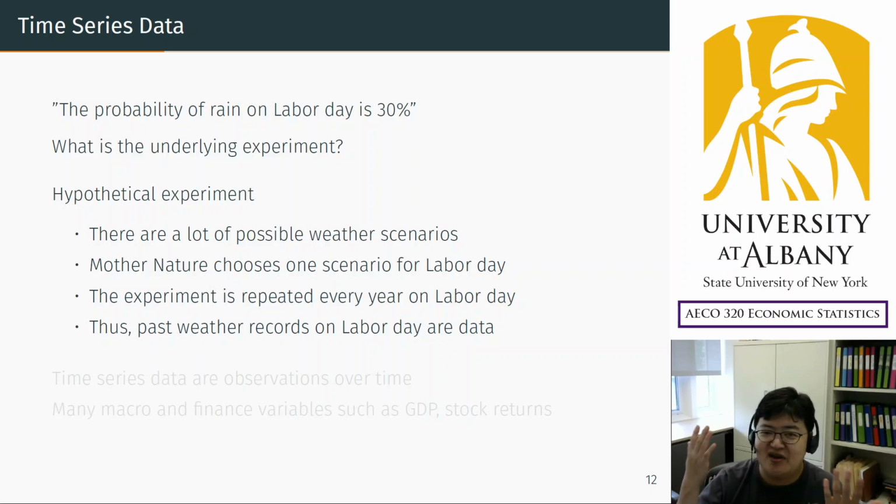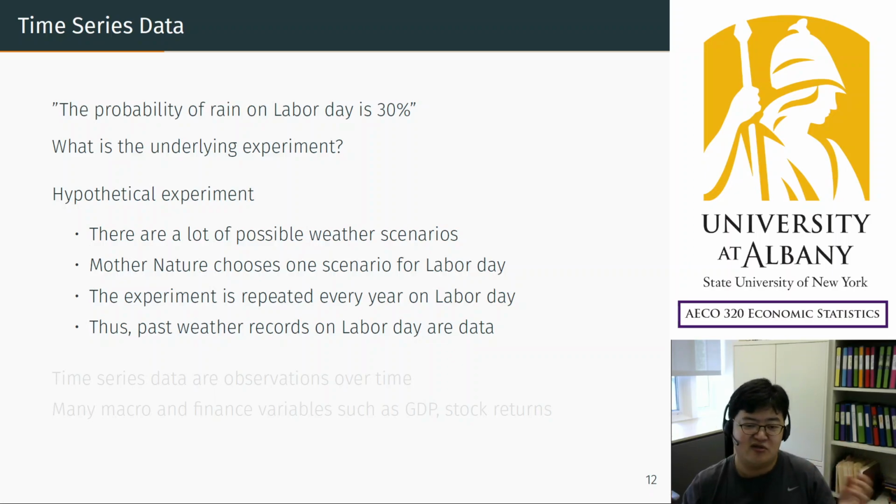Of course, it's a purely imaginary process, but another interesting thing here is that the experiment is repeated every year on Labor Day. Every year, Mother Nature chooses one random scenario. Then it is an experiment, and you observe repeated outcomes on Labor Day for the past many years.